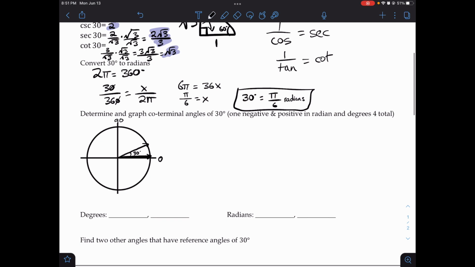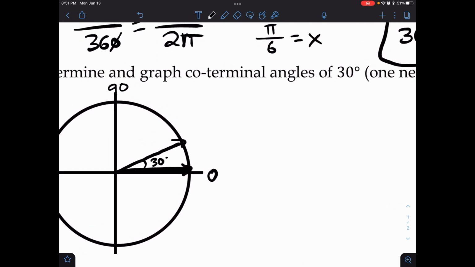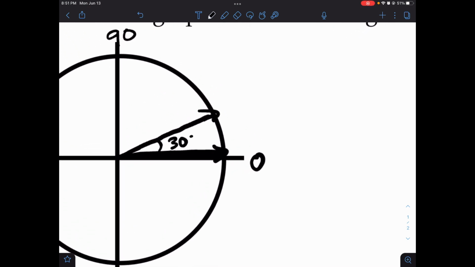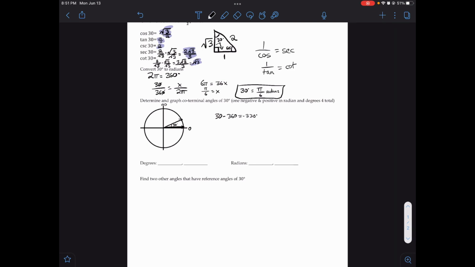Now coterminal angles are angles in which we have to either add 360 to find our angle or subtract 360. So first let's subtract 360. If we subtract 360 from 30, 30 minus 360 is equal to negative 330. So that's one of them.